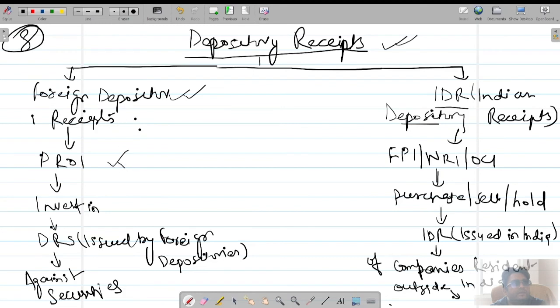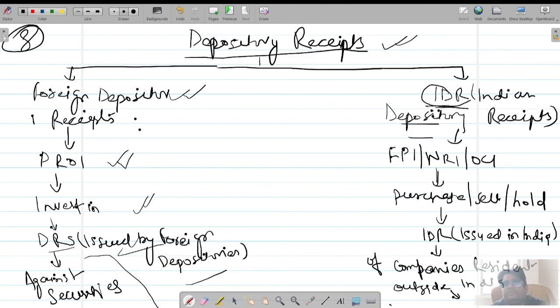A person resident outside India can invest in depository receipts issued by a foreign depository against securities. That is, any person resident outside India can invest in depository receipts issued against securities. Now, what are Indian depository receipts?